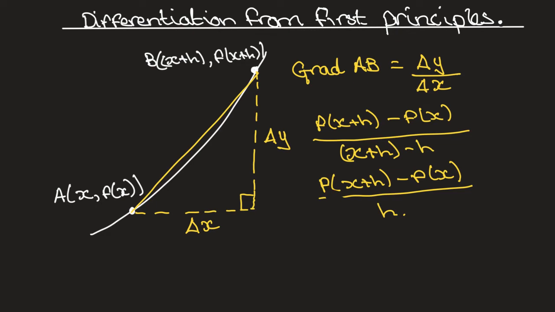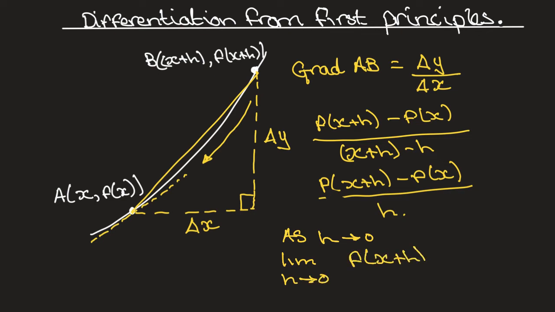If we now move point B closer and closer to point A, we will eventually reach a point where the chord is exactly the same as the tangent of the line at A. As h tends to 0, we get the limit as h tends to 0 of f of x plus h minus f of x all over h.